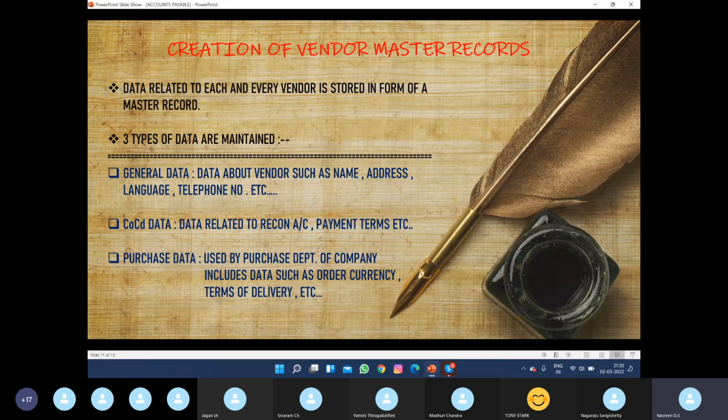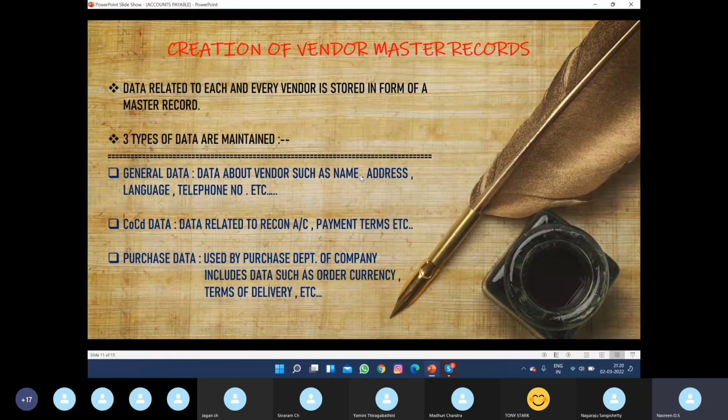So what are the types of data that we maintain in our vendor master record? Let's see. There are three types of data: general data, company code data, and purchase data. General data is nothing but the data related to the vendor. If a vendor is a company, then what is the name of the company?